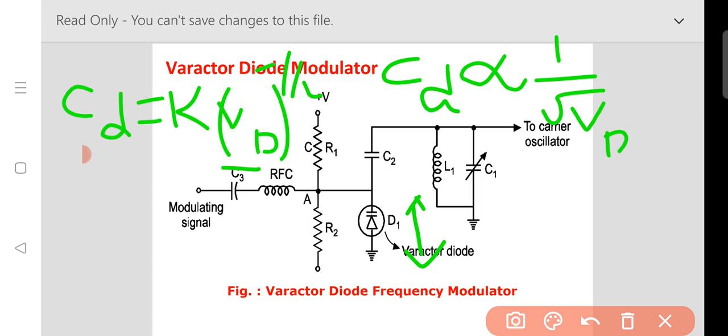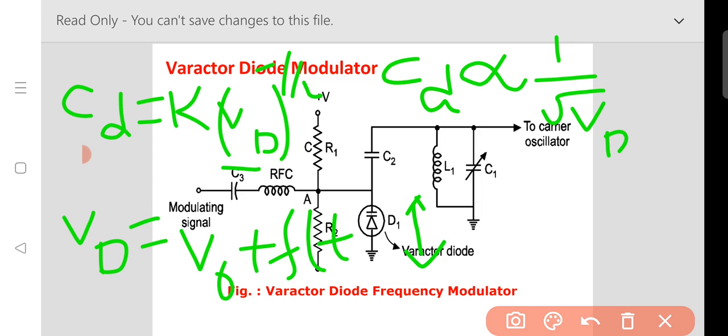So here VD, as I told, is the total voltage, meaning V naught plus f of t.